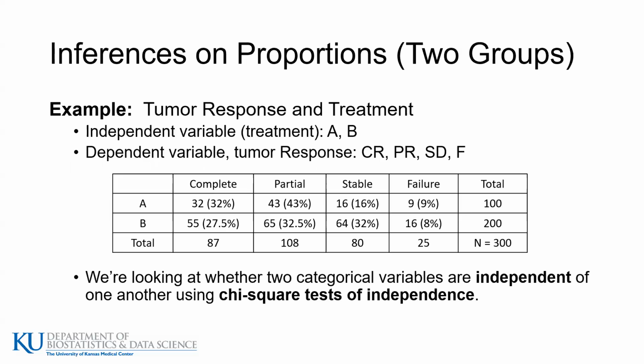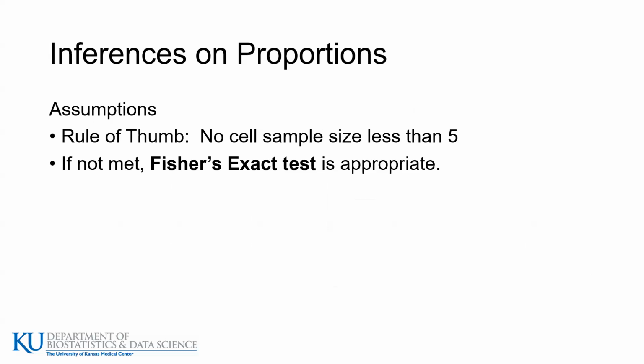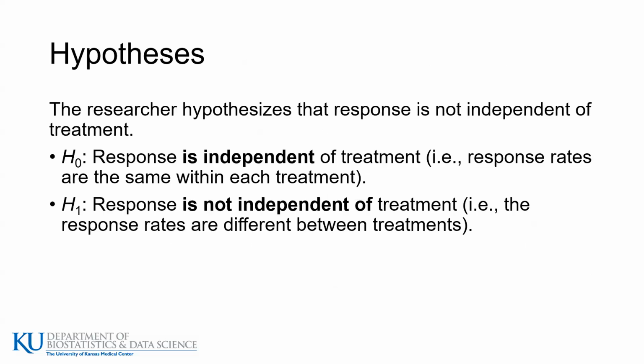So that meets our assumption. And then we want to make sure that all those counts are not less than 5. If any of them are less than 5, the Fisher's exact test is more appropriate. But here, because this meets the assumptions, we're going to go through the chi-squared test.